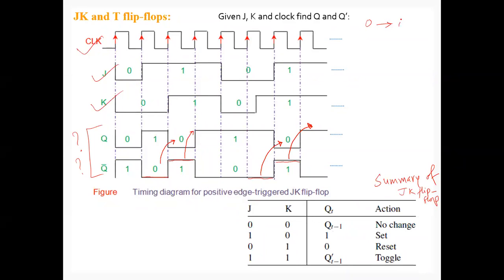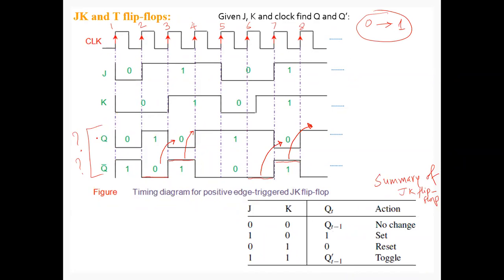Keep that in mind. So what is the transition 0 to 1 here? This is transition 1, transition 2, transition 3, transition 4, transition 5, transition 6, transition 7, transition 8.